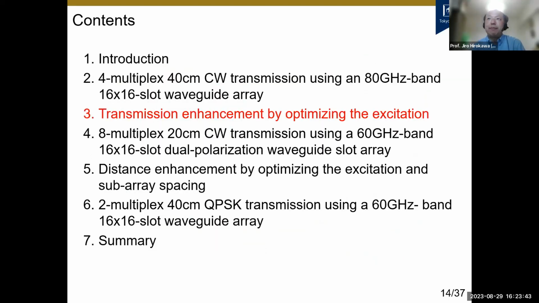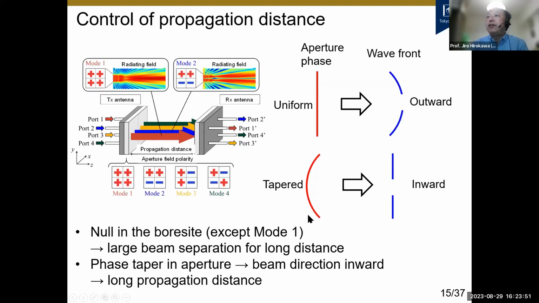So next, I talk about the transmission enhancement by optimizing the excitations. As I said before, except for mode 1, we have null beams in both sides. So we have large beam separation for longer distance. When we have the uniform aperture phase distribution, the wave front goes outwards and the beams are separated.